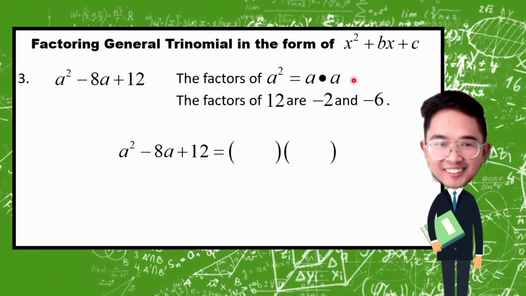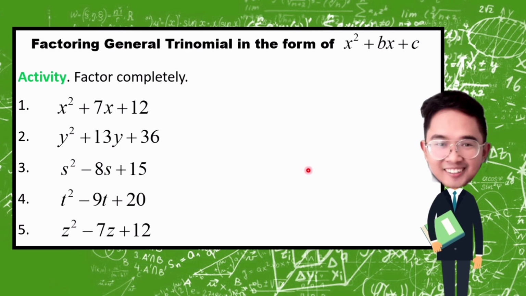We are ready to input the factors of the first term, and then input the factors of 12, which are negative 2 and negative 6. Therefore, the final answer is a squared minus 8a plus 12 is equal to the quantity of a minus 2 multiplied by quantity of a minus 6. Now, you are ready to answer this activity.